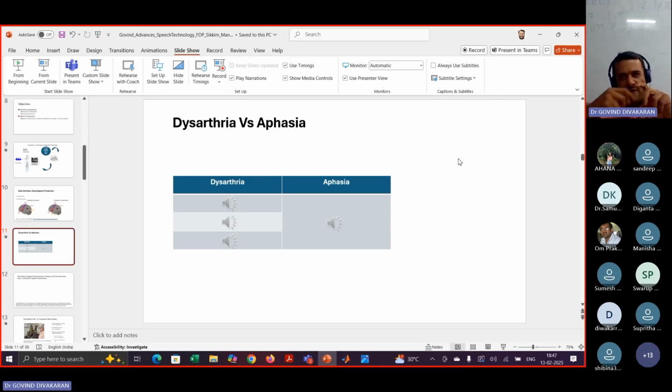Okay, so he is scared, as the doctors are sometimes telling that trauma may happen, so he'll be scared of producing all the other sounds which are available in a language. So this is the basic difference between dysarthria and aphasia.